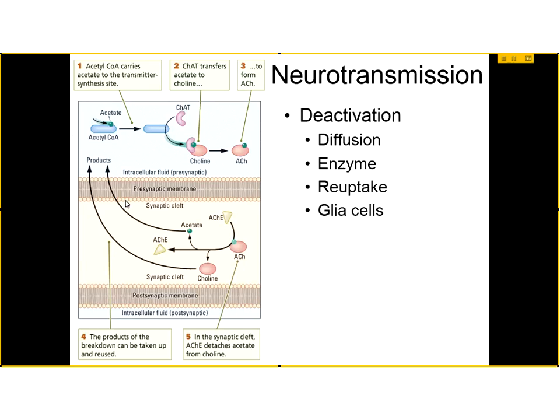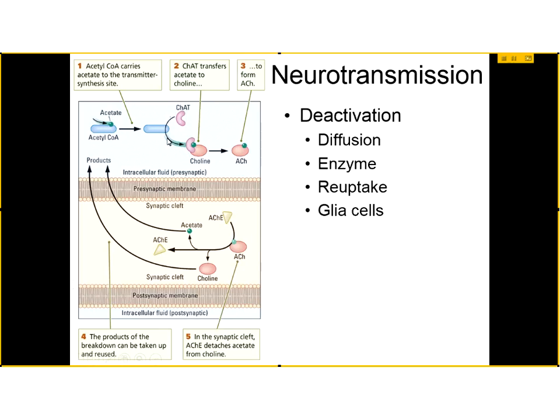Another mechanism is that we can have enzymes that are located in the synaptic cleft, and these enzymes can break down the neurotransmitter. So here in this figure, what we have is acetylcholine, that neurotransmitter that Otto Loewi discovered in the heart. And we see that it's also used in the central nervous system.